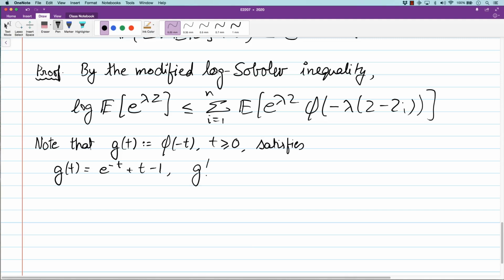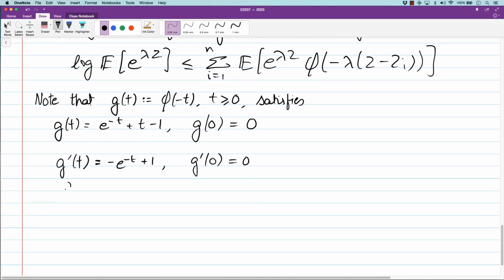So g of 0 is 1 minus 1, which is 0. g prime of t is minus e to the power minus t plus 1, so g prime of 0 is also 0, and the second derivative is e to the power minus t.